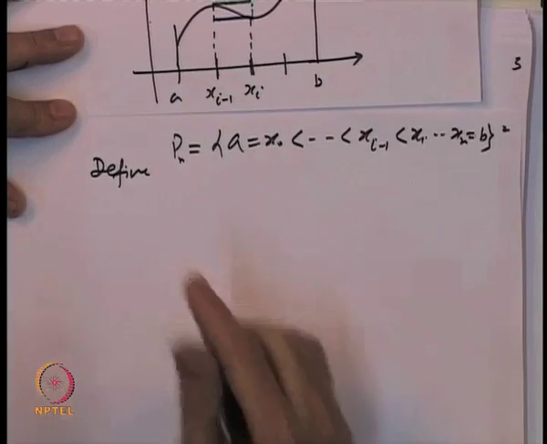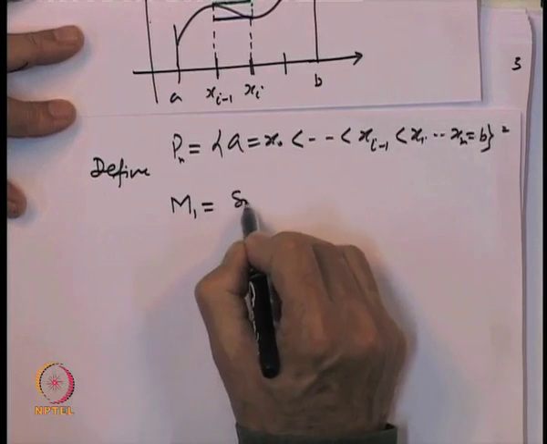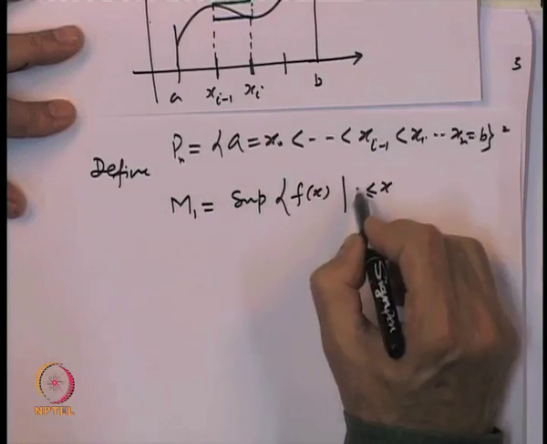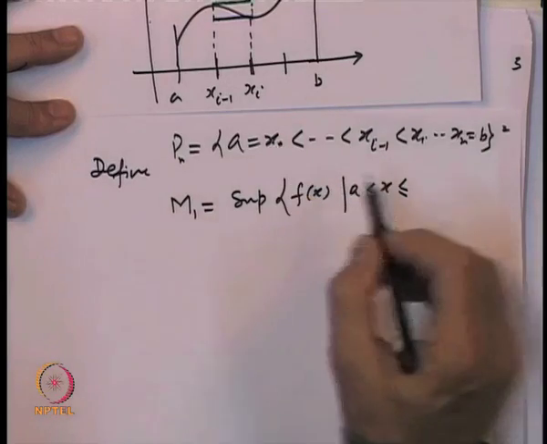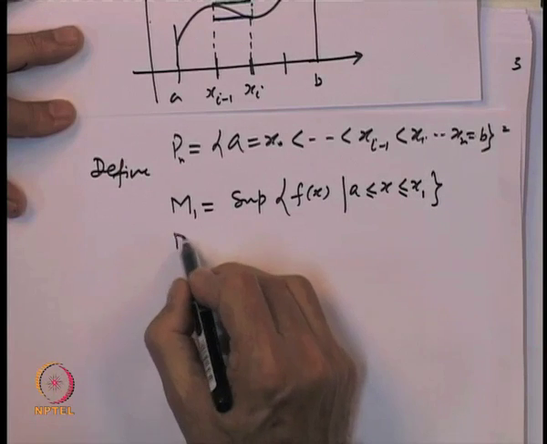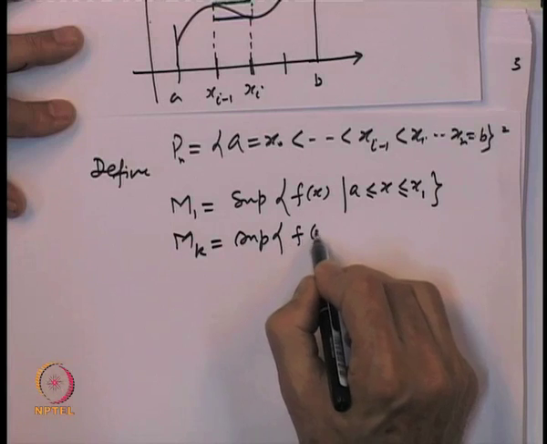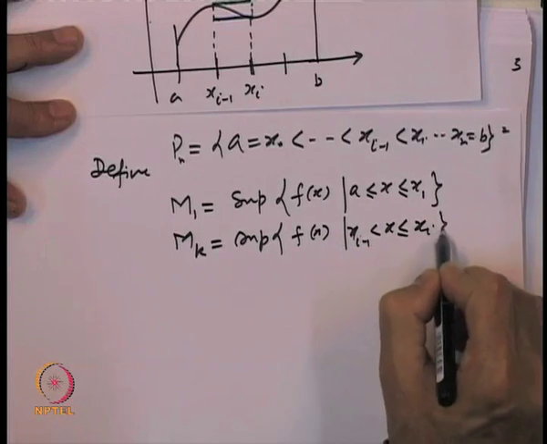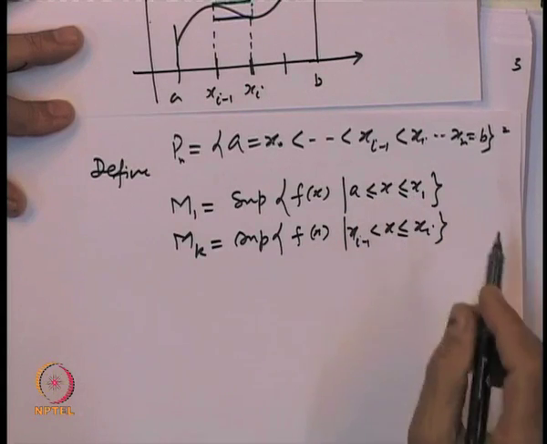Let us define M 1 to be the supremum of the function f of x, for x between a and x 1, and let us write M k to be the supremum of the function in the general interval, f of x for x between x I minus 1 and x I. Keep in mind here I am taking left open and right closed; at the end point it is closed on both sides. So, these intervals are disjoint intervals.